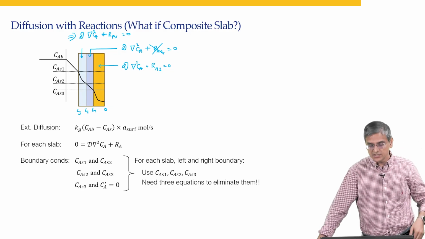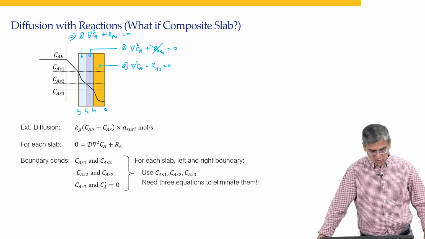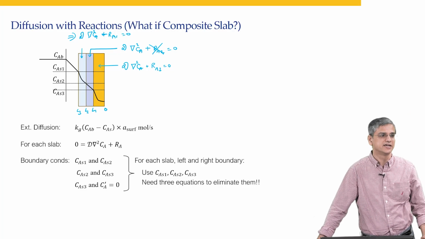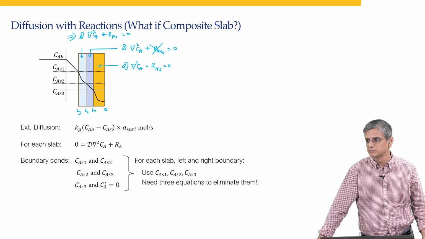Okay, the other thing that you can do is this concept of eta and all, you can use it. Okay, eta is based on concentration of Ca at the boundary of a reacting surface. Okay, and you can very well use it.